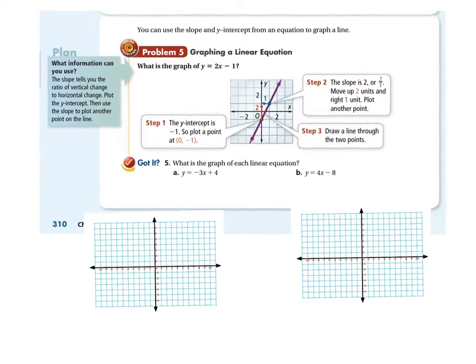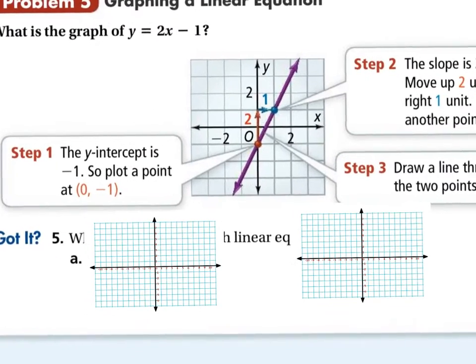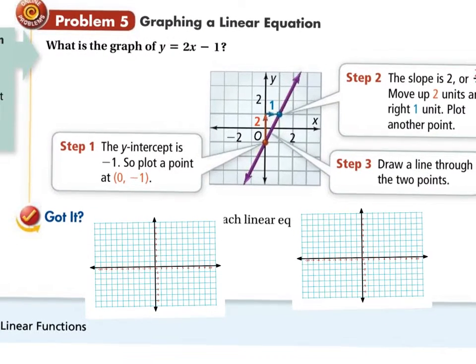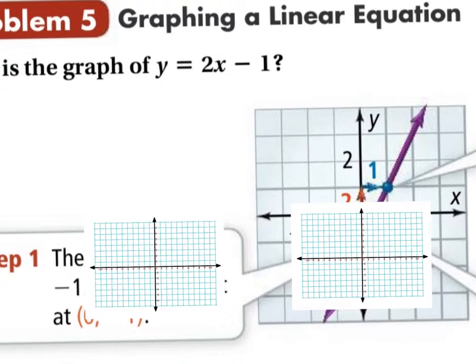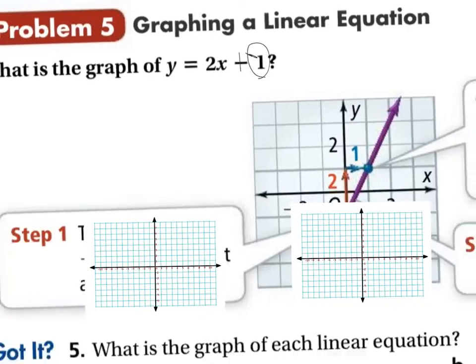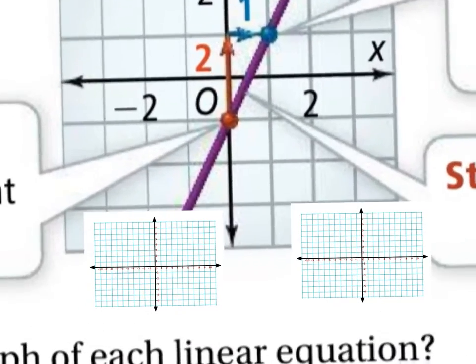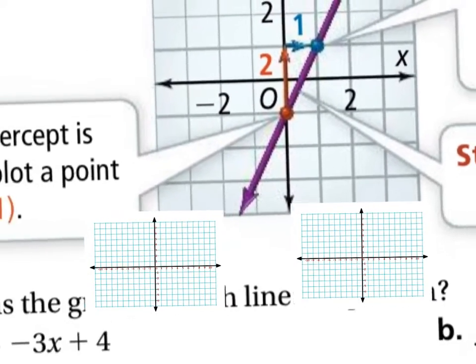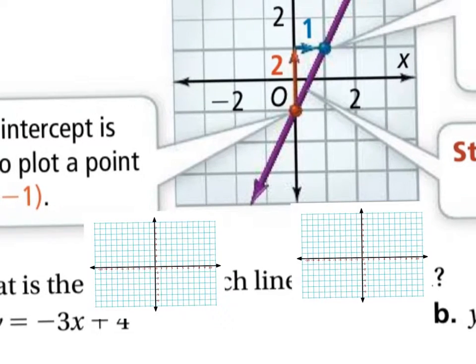We look at problem 5. It says, what is the graph of y equals 2x minus 1? So again, 2x minus 1, we can add the opposite here, make that plus -1 if you want. We need to see that -1 is our y-intercept. So that would be our starting point if we do it the way we just talked about. So they started out at (0, -1), where that red dot is.